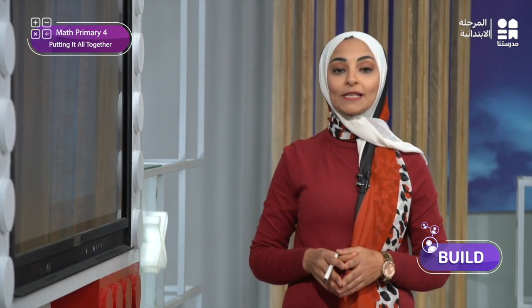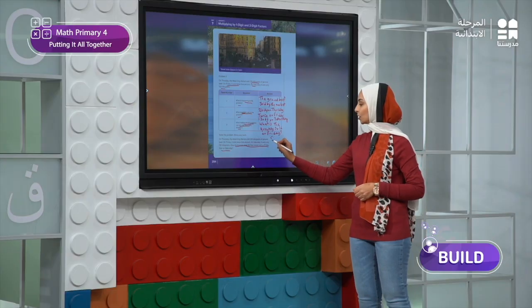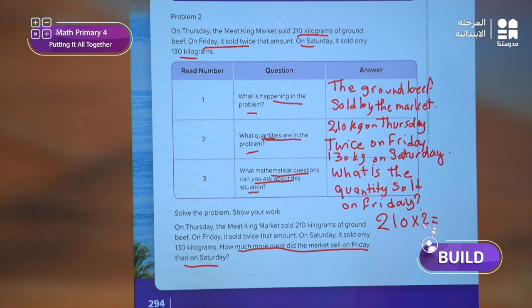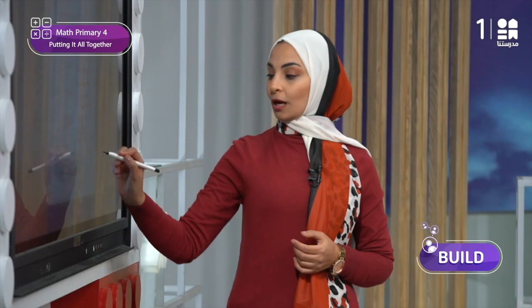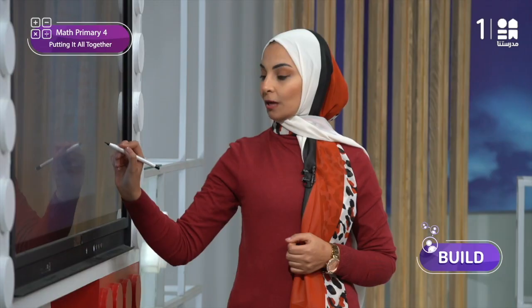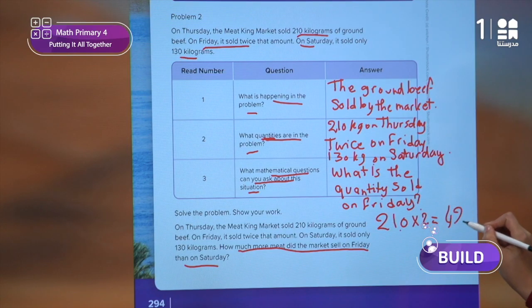And as we know, twice means what? We are going to multiply by 2. So the meat sold on Friday is 210 times 2. Let's write it together. 210 times 2. Okay. 2 times 2 is 4. 2 times 1 times 2 is 2 and put the 0, so the answer will be 420 kilograms.